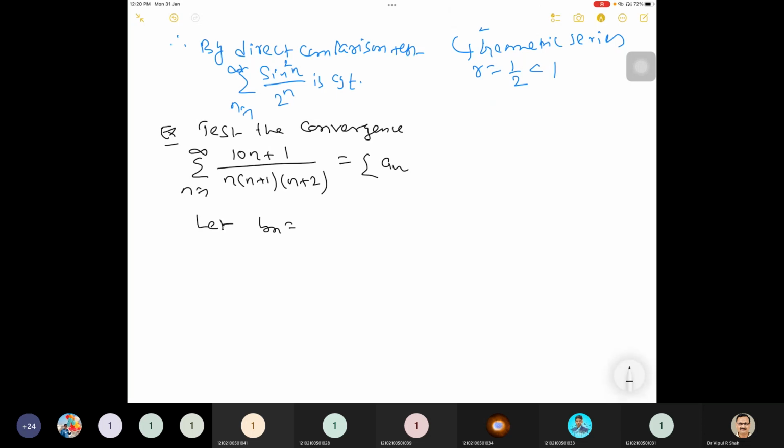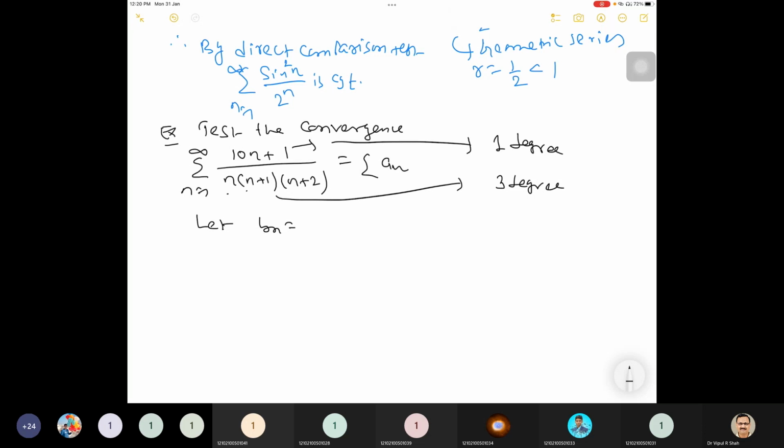Now see, what is the power here in numerator? 1. What is the degree in denominator? 3 degree, 1, 2, 3. N cube, and here 10 n.